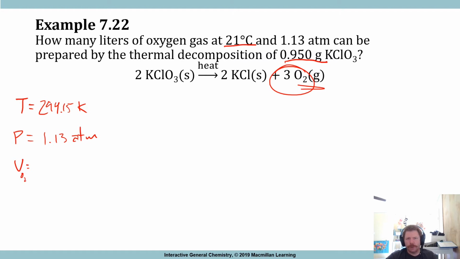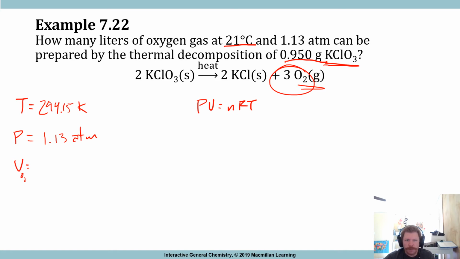So essentially what we have here is a balanced chemical reaction where we have our mass of our reactant, KClO3, and we have a product that we're most curious about. Okay, so when we look at the ideal gas equation, PV equals nRT, essentially, what do we need?